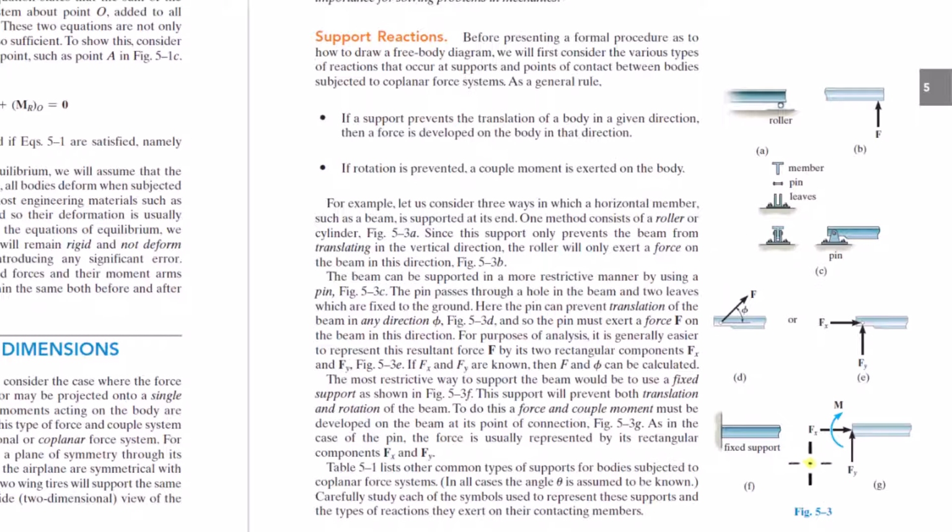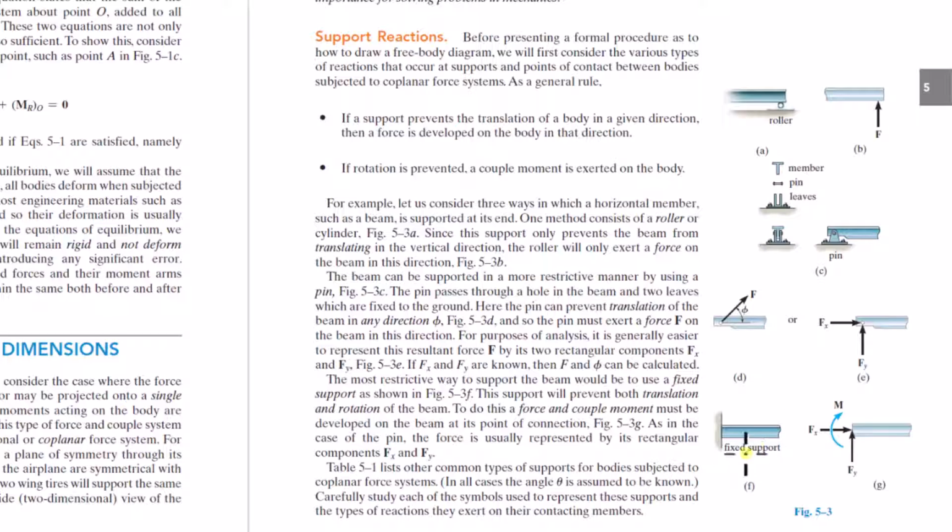Now, keep in mind that this is two dimensions. In a separate video, we'll take a look at this idea of support reactions in 3 dimensions. But the concepts are going to be the same. A pin is going to prevent translation in all directions in 3D. A roller is going to prevent translation only in certain directions, but not in other directions, even in 3D.